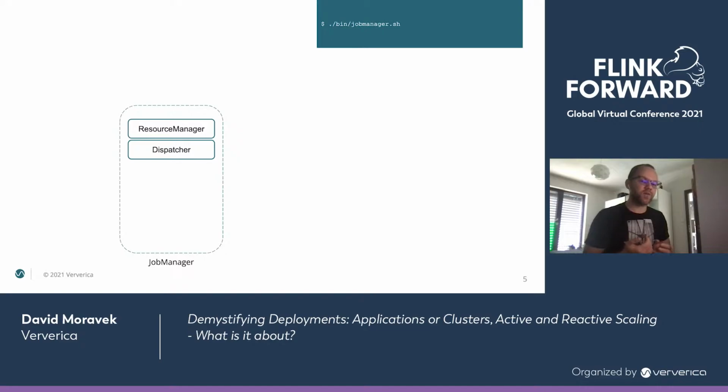These resources are called slots, and it's the most basic unit of deployment in Flink. Then there is a dispatcher, which is this RPC gateway that Flink clients can use to submit a new job into a cluster or to retrieve an overall status of the cluster and jobs the cluster is executing.